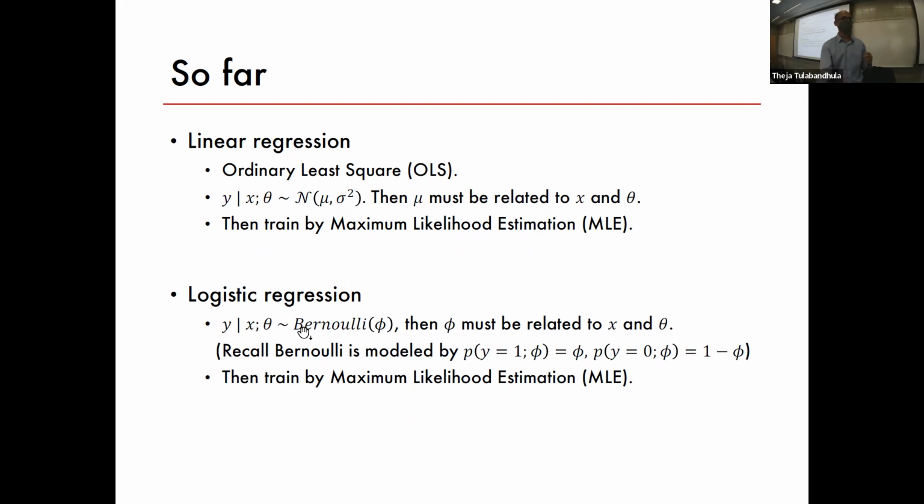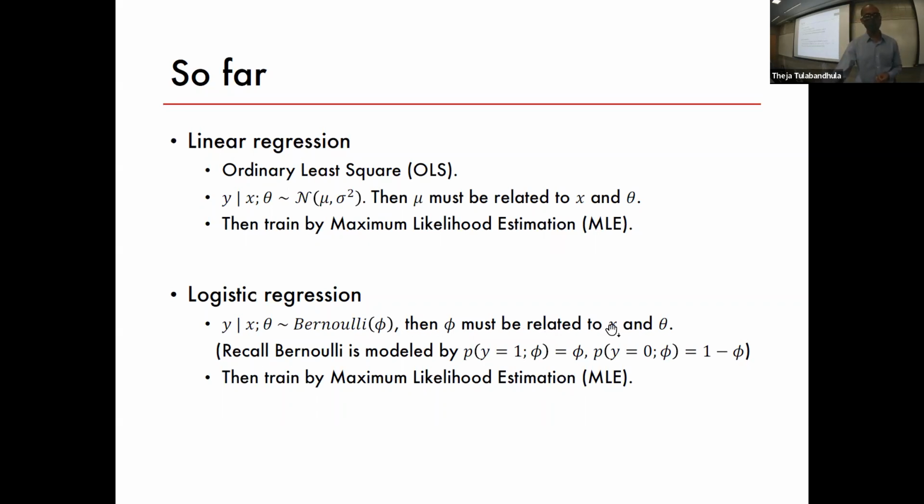Bernoulli just means a random variable which takes two values, because we had a two-class classification. A coin toss, for example, is a Bernoulli event. So for logistic regression with two classes, we are assuming that y given x, theta is Bernoulli with some parameter phi. Again, some Greek symbol here, phi.